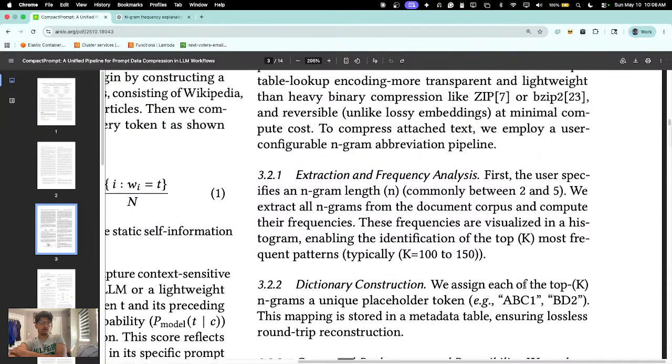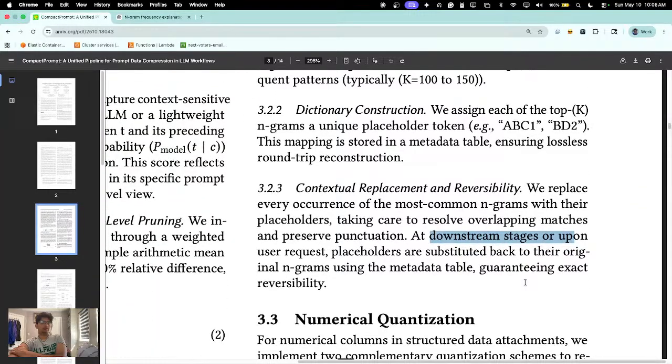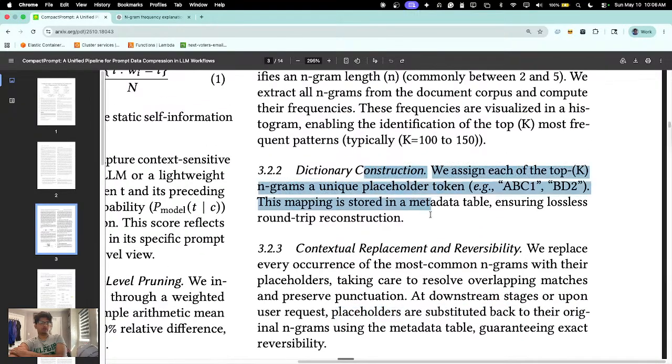However, I wonder how exactly does this reduce the context size, because when the user actually uses it, the placeholders, which are the ones in the metadata table, are removed and replaced again by their original n-grams. That makes sense in this case because, for example, the token ABC1 doesn't really mean, or at least the model doesn't know that it means, United States, unless you give it some sort of context, which we're not doing in this design.